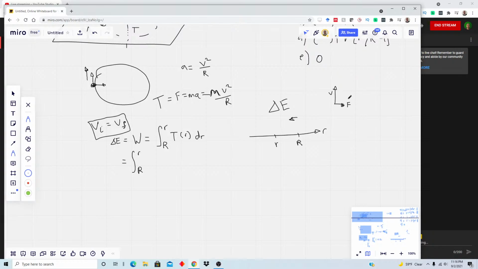The velocity remains the same. And technically, if we're pulling on this, we're just changing the perpendicular direction of the trajectory, if we assume that we pull at a slow rate.